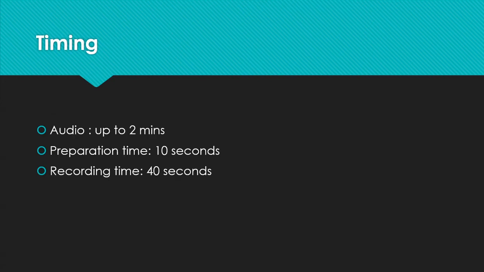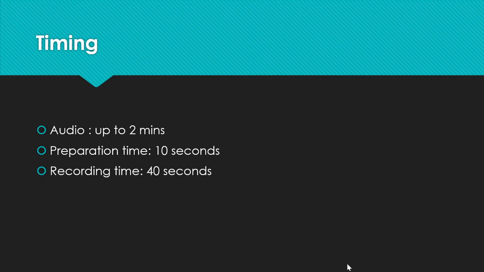The audio clip is about general topics or day-to-day life topics that we usually encounter in our daily lives. It's going to be a simple topic, about 2 or 3 minutes long.